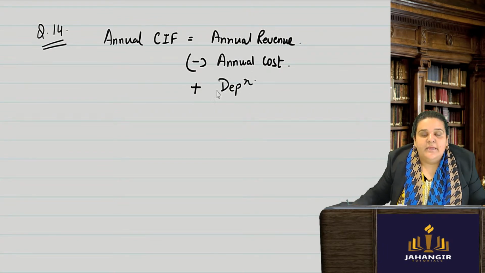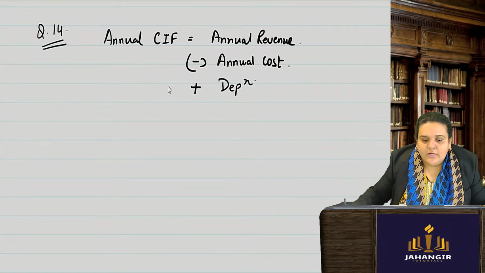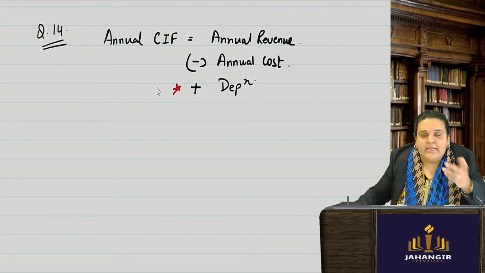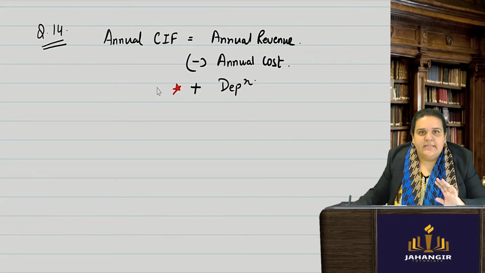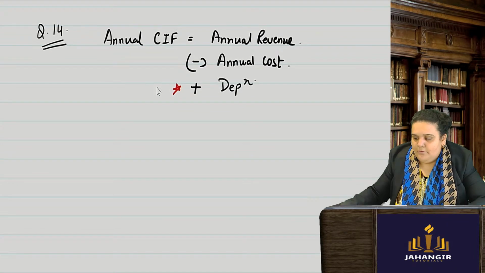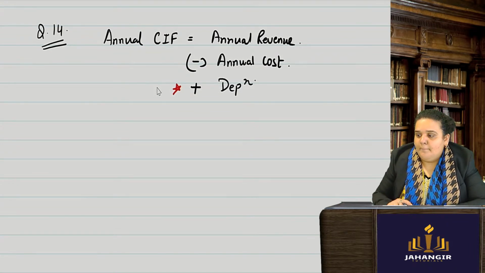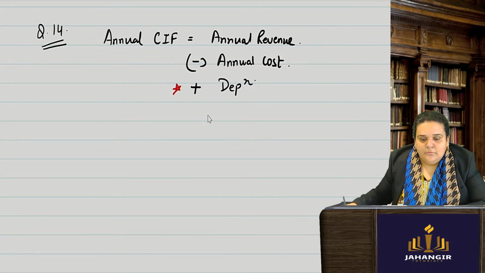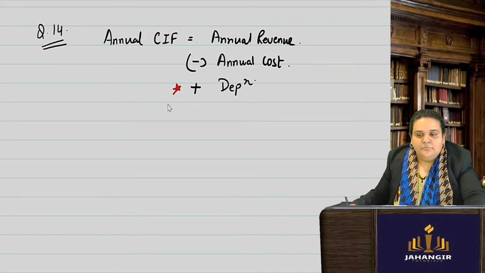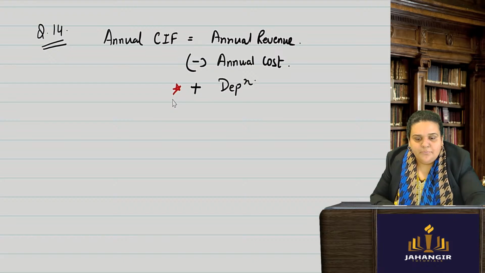Now, why so? Depreciation is a non-cash expense. There is no actual cash moving out. We show it as an expense, but do we really remove that amount? The depreciation amount you are supposed to add it back.